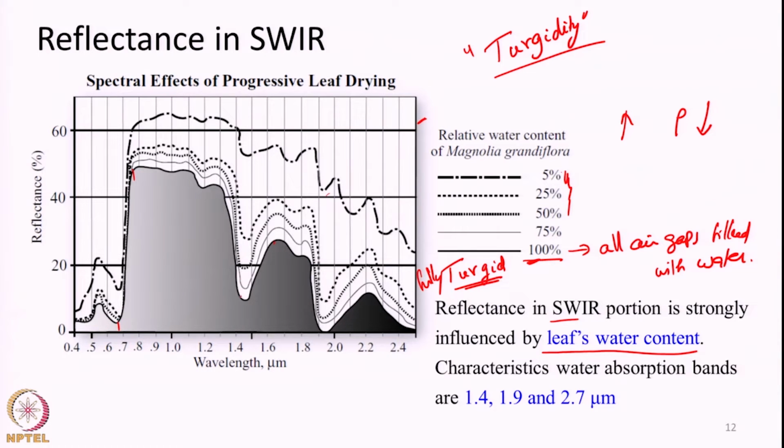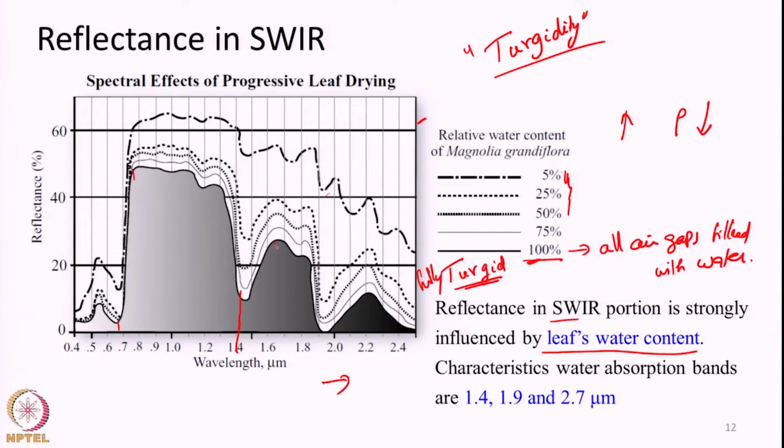And if you look only at the SWIR portion, after 1.4 we can see that as wavelength increases, reflectance goes down linearly. So this we have to remember: in the SWIR part, as wavelength increases, reflectance goes down almost linearly, and reflectance in general goes down with increasing water content.